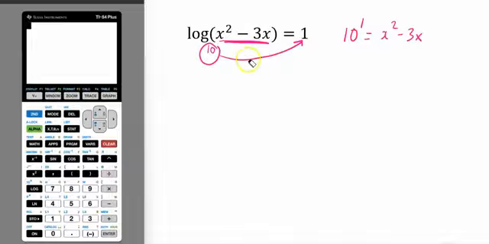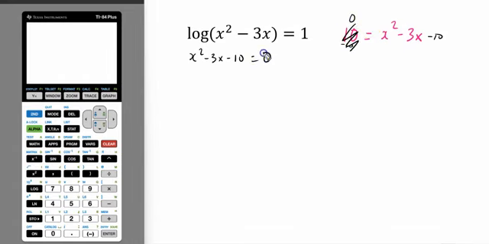So 10 to the first power is just 10. And then to make it equal to 0, I'm going to subtract 10 from both sides. So that gives us the equation x squared minus 3x minus 10 is equal to 0.